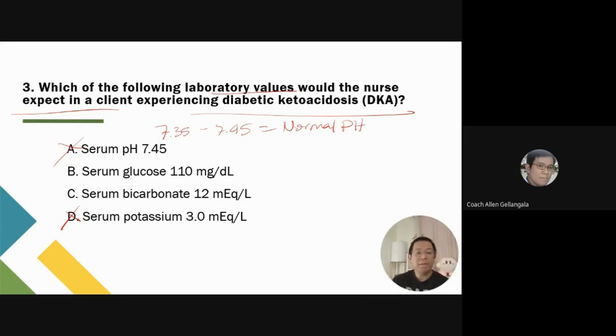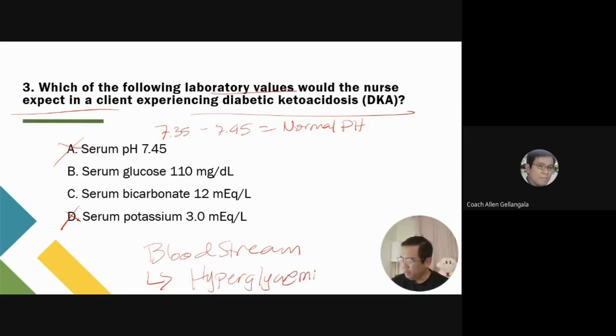So between B and C. If there is a deprivation of cells, primarily when it comes to glucose, where is the glucose? The glucose is in the bloodstream, and it is essentially causing the blood to be hyperglycemic.